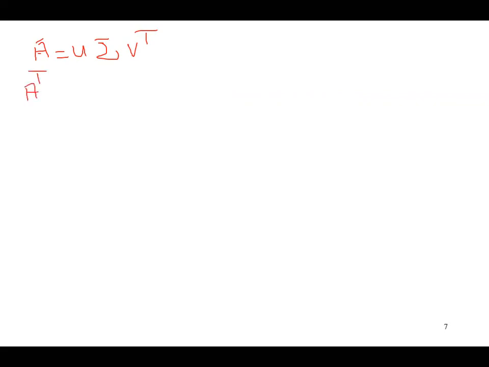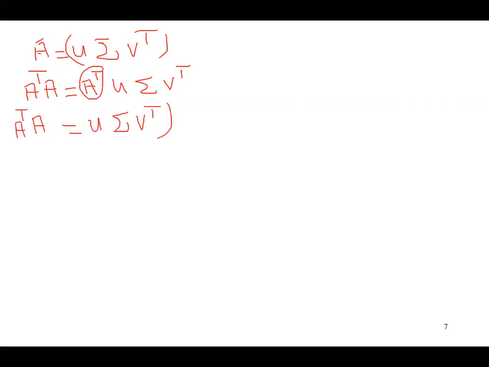If I multiply the left-hand side, I also have to multiply the right-hand side from the left. What is A transpose? It is just the transpose. So we substitute A transpose A: it is U sigma V transpose, all transposed, multiplied by U sigma V transpose.